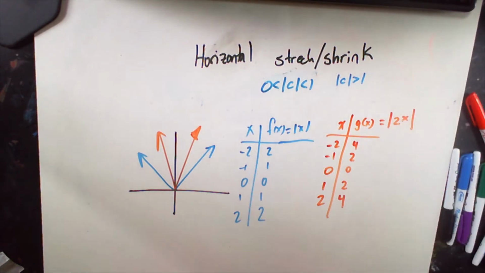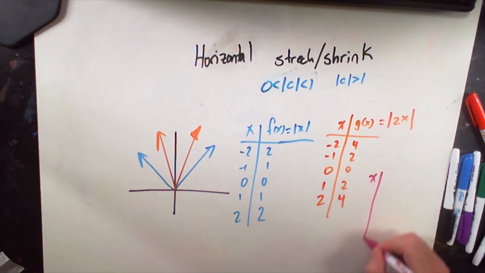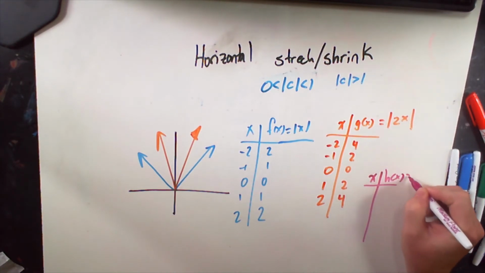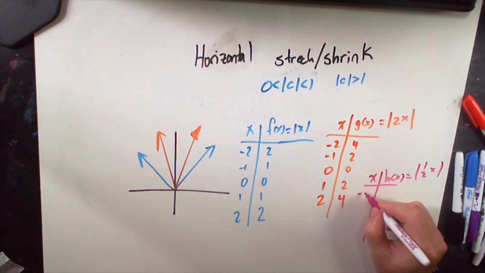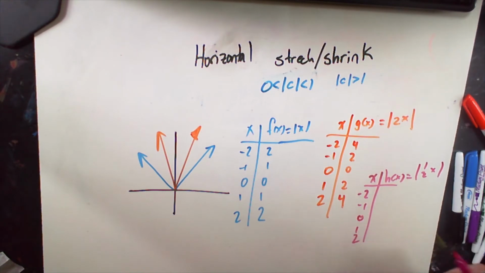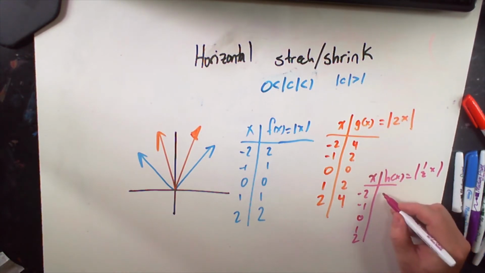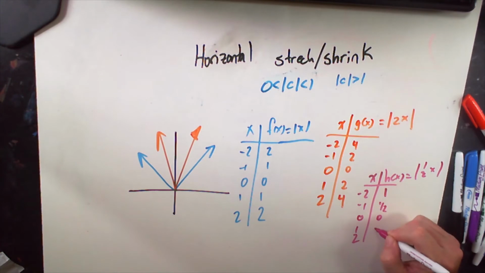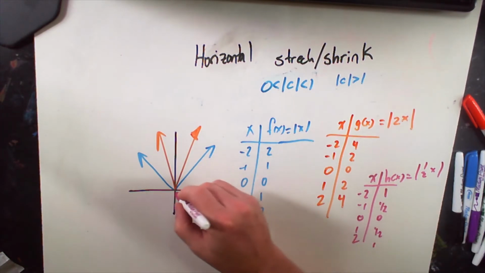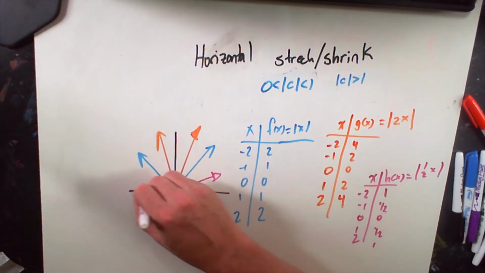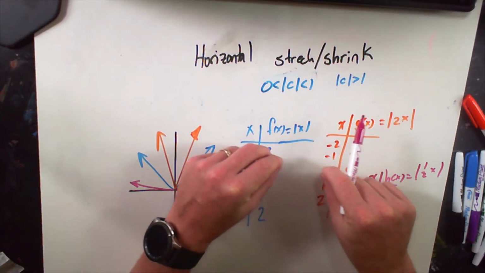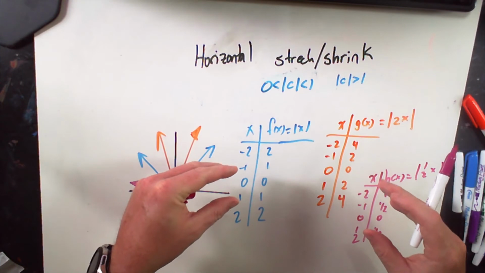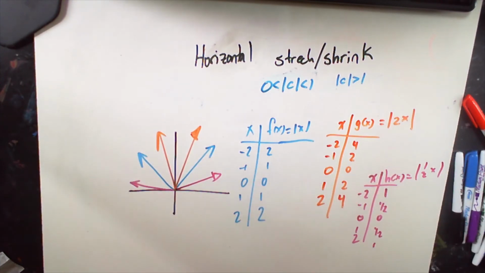If we were to look at the function h of x equals the absolute value of 1/2 x, we could just as easily move that 1/2 to the outside, but -2, -1, 0, 1, 2, we take half of that value every time, and now it's just a flatter version of the function. But again, that horizontal stretch is the same thing as a vertical shrink and vice versa.